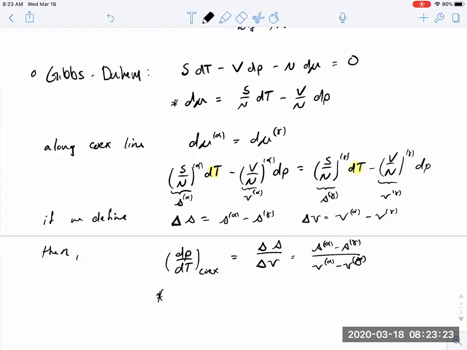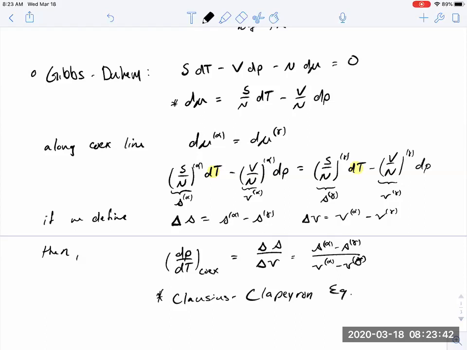This equation, for all its use, it has a fancy name. It's called the Clausius-Clapeyron equation. Very useful in the construction of phase diagrams.